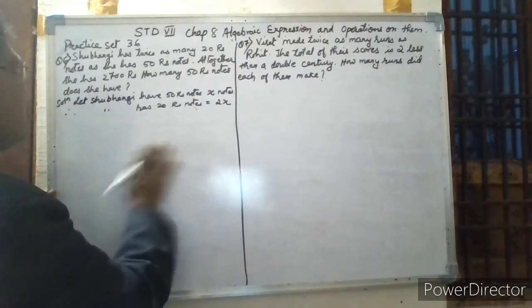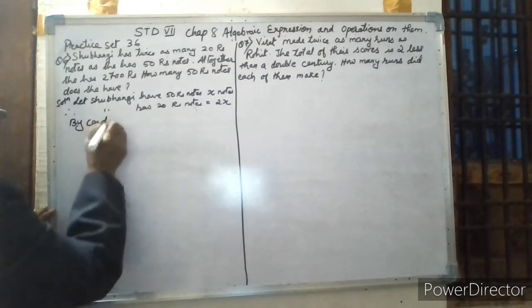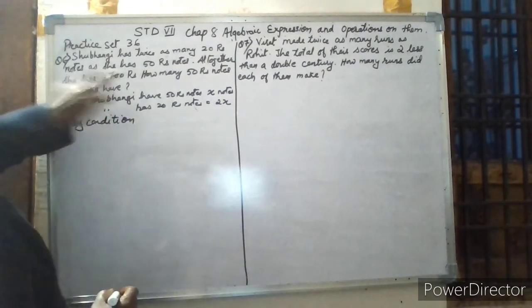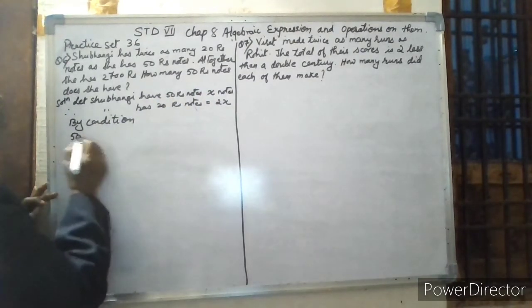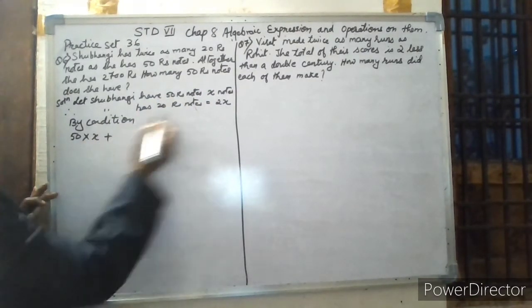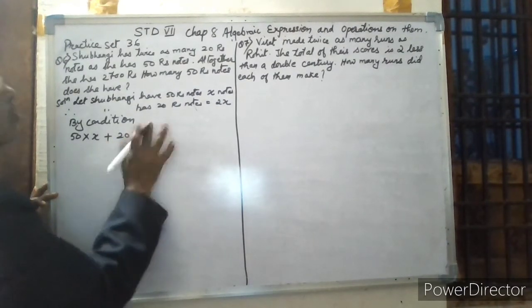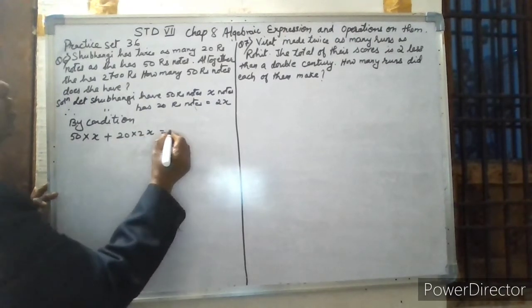So by condition, totally she is having 2700. That means this 50 into x plus this 20 into 2x is equal to 2700.